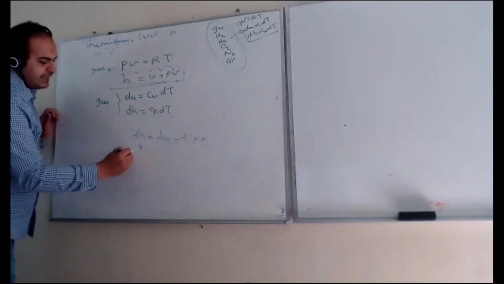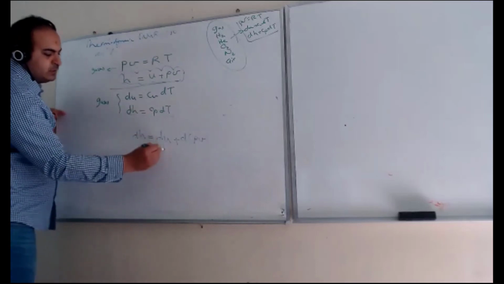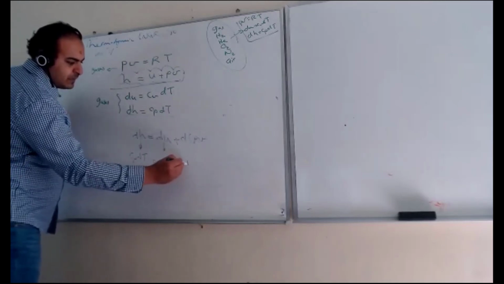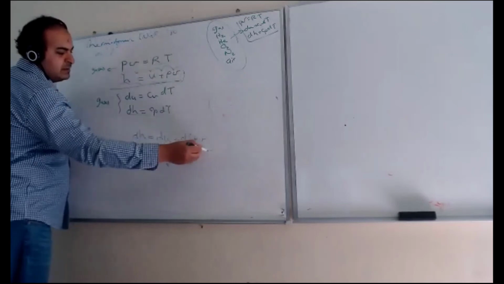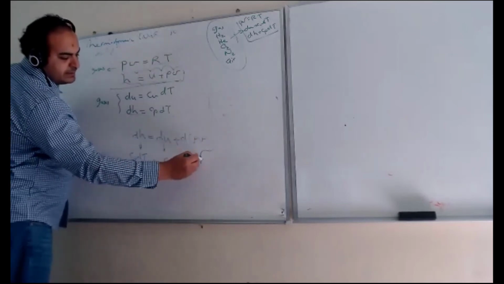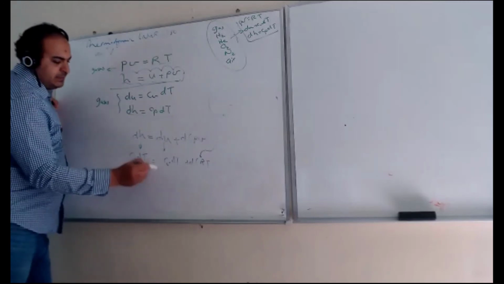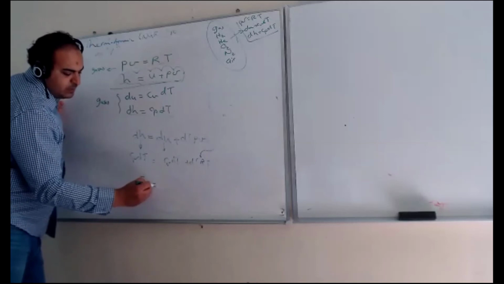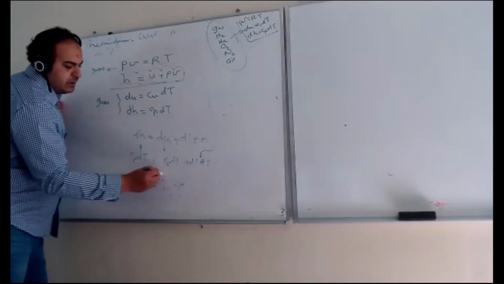Delta H is Cp delta T. Delta U is Cv delta T. PV is RT. R is constant, take it out. So delta T by delta T by delta T, we have Cp equals Cv plus R. This is a very important correlation.